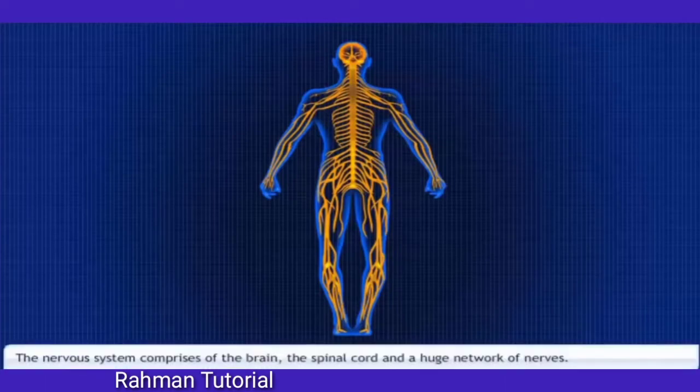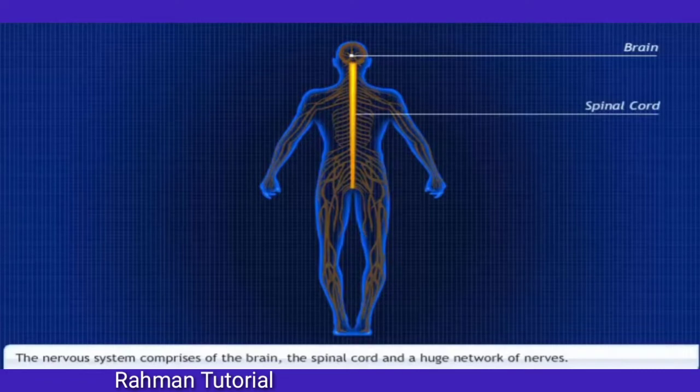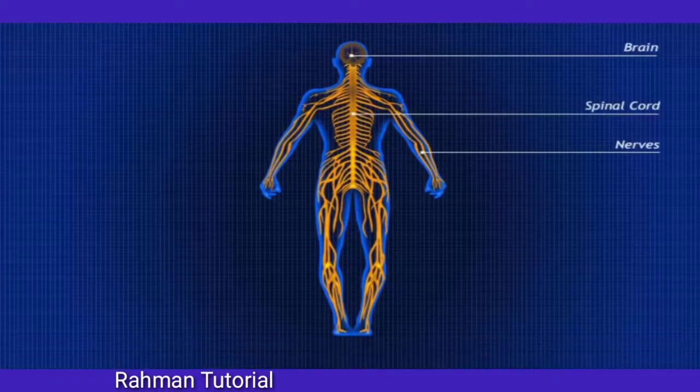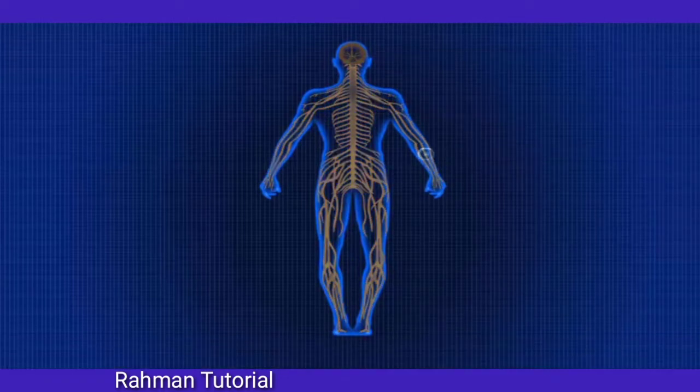We know that the nervous system comprises of the brain, the spinal cord, and a huge network of nerves that are spread throughout the body. The nervous system is responsible for sending, receiving, and processing messages in the form of chemical signals called impulses.